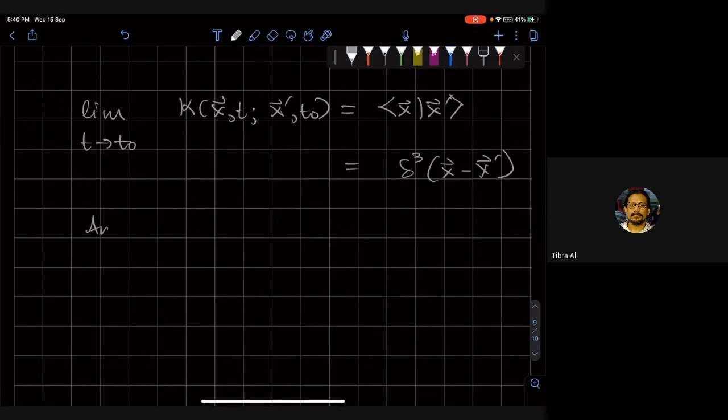And remember that the time evolution operator, in the limit t goes to t0, well, I've already put 0 here, but it should be really in a more careful way, just becomes the identity operator.